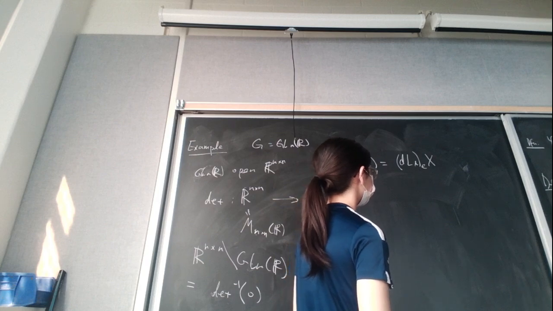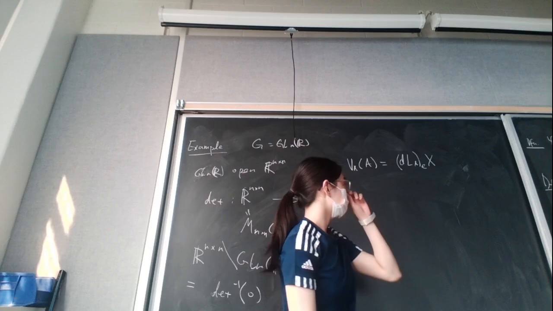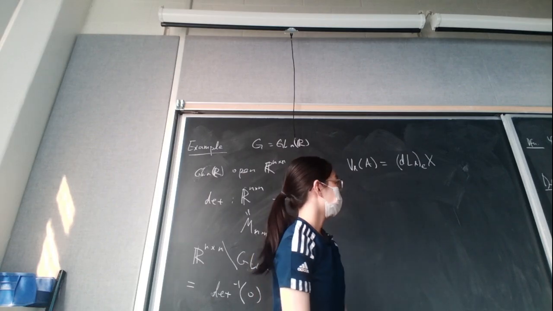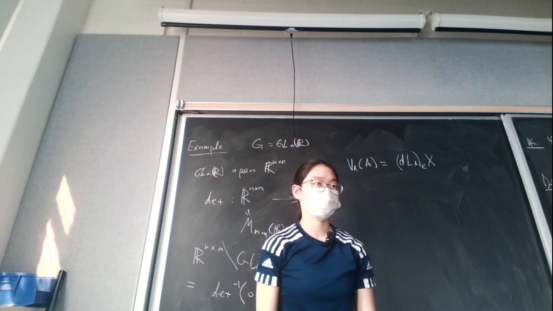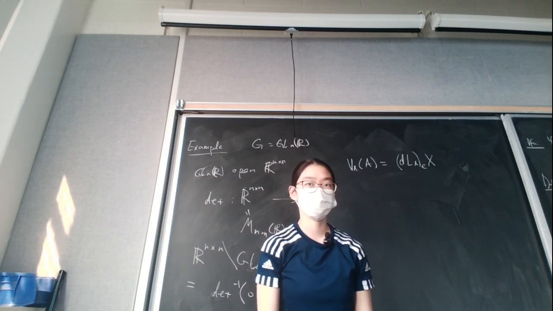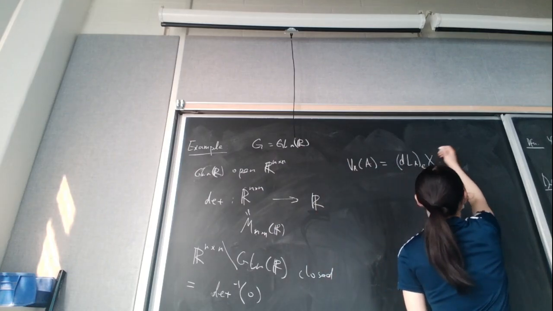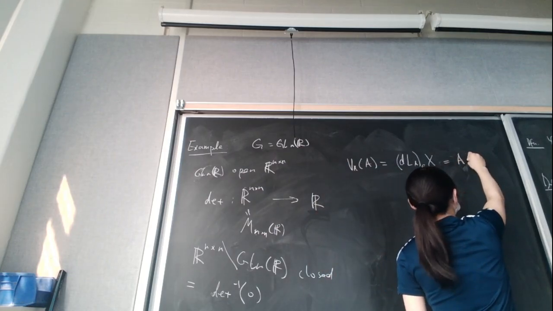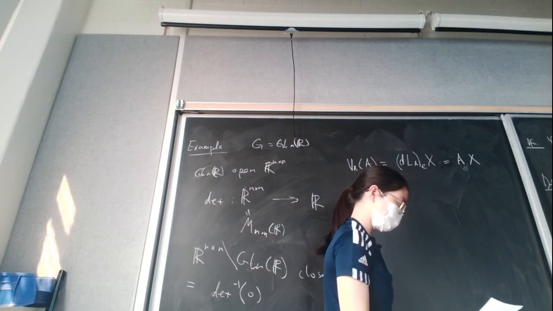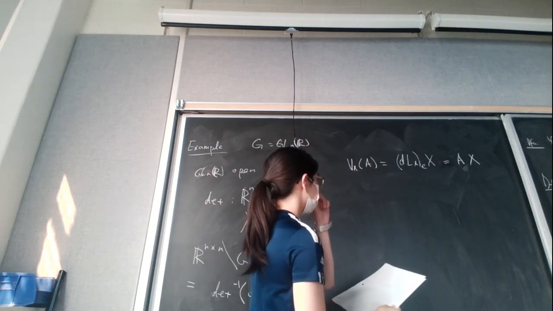Well, left multiplication by A is a linear map, and the derivative of a linear map is itself. So this is just equal to A times x.